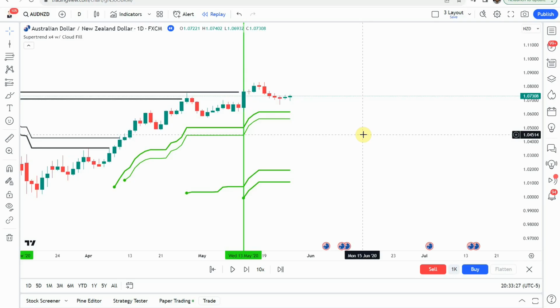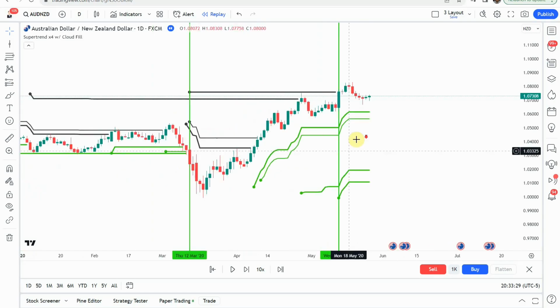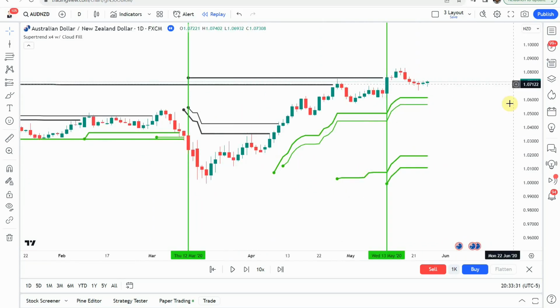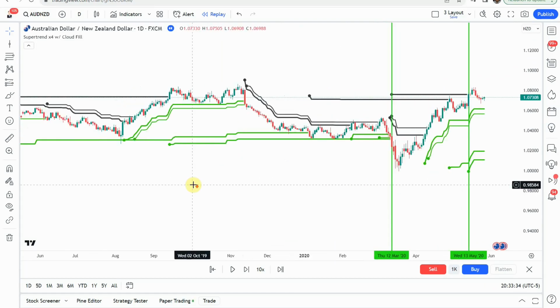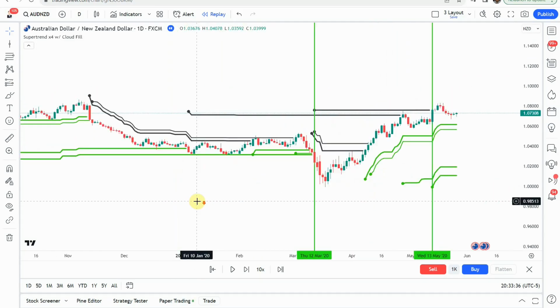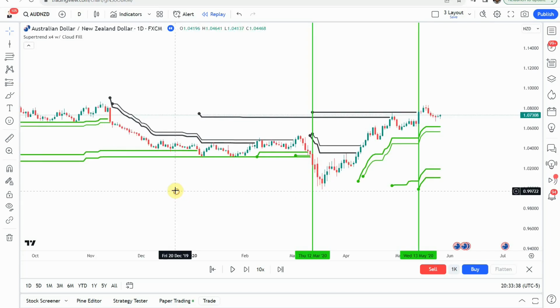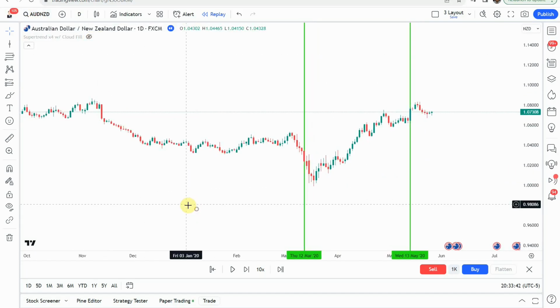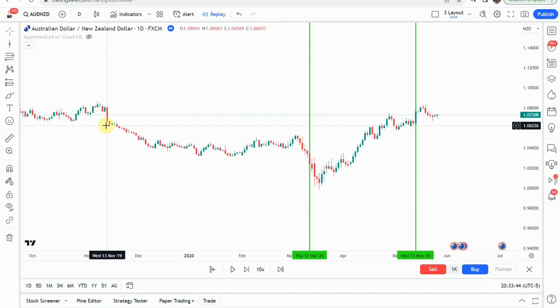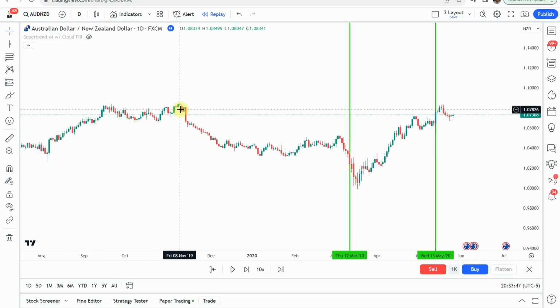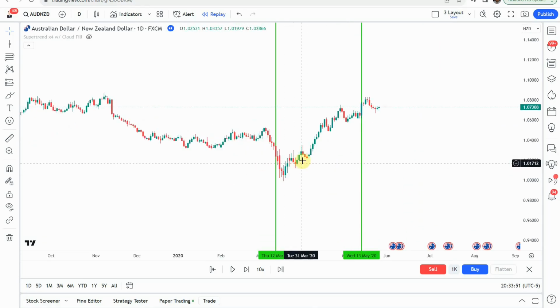And so the main issue that I have with this indicator is how delayed it is at getting you into the trend. If you notice here, let's just scroll back just a little bit. Look at this area right here. Let's look at it without the super trend. You can see that we get the beginning of a strong downtrend right here, and then the beginning of a strong uptrend right here.